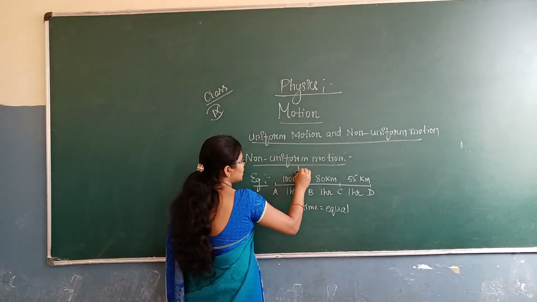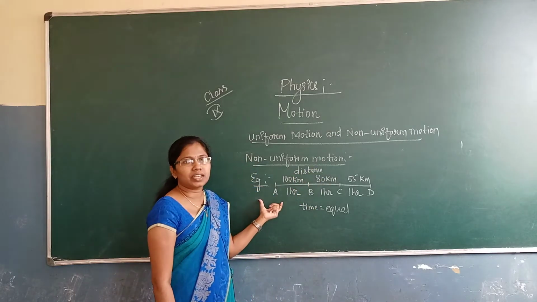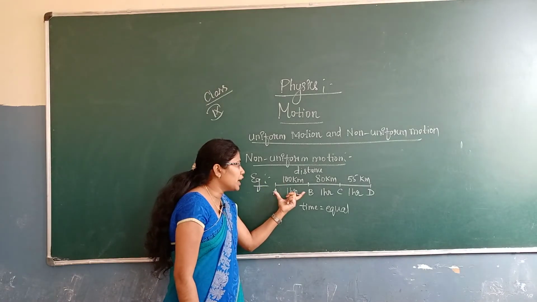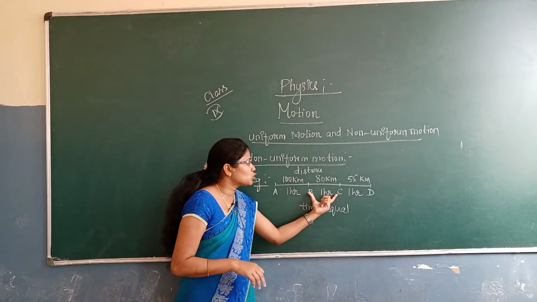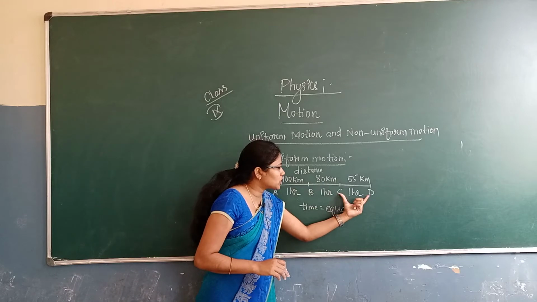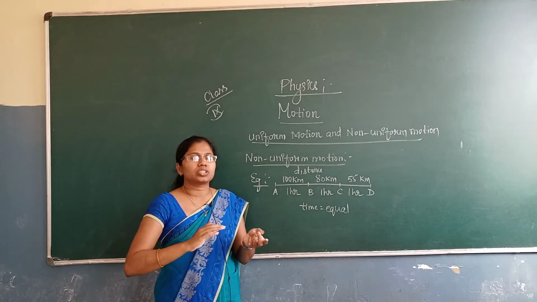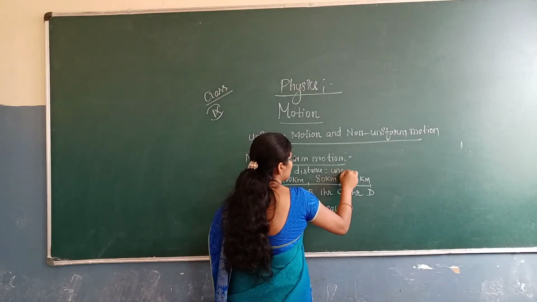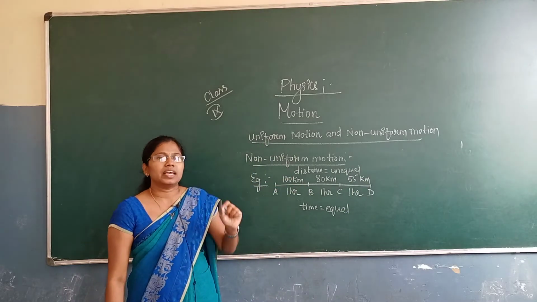But if you observe the distance covered by the object at different intervals, from A to B it has covered 100 kilometers, then B to C it has covered only 80 kilometers, from C to D it has covered 55 kilometers. So the distance covered by the object is unequal.